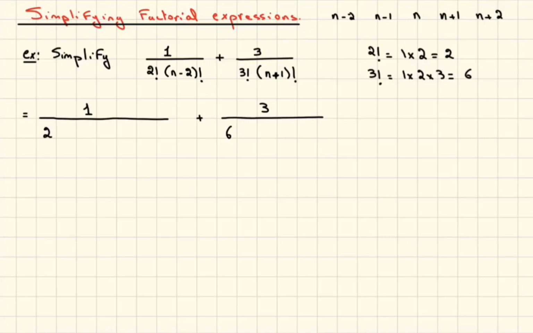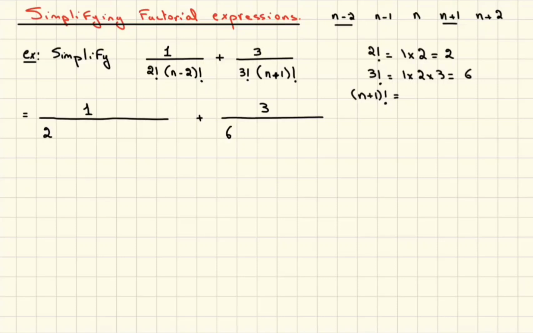So comparing n plus 1 to n minus 2, I know that n plus 1 is bigger than n minus 2. So I'm going to write the largest, n plus 1 factorial, in terms of the smaller one, n minus 2 factorial.